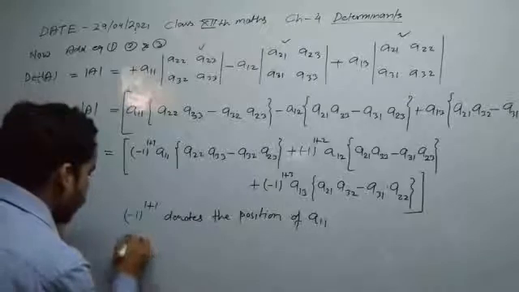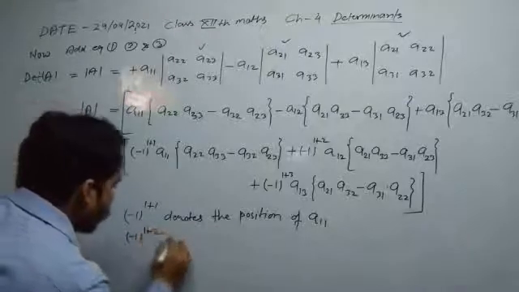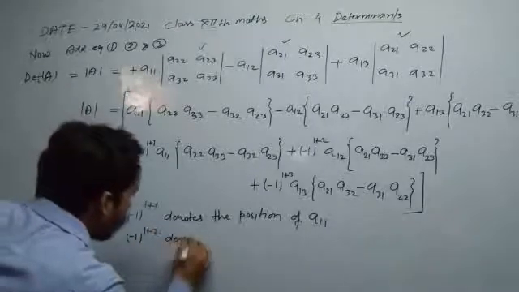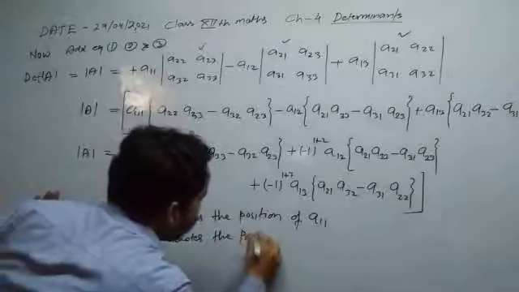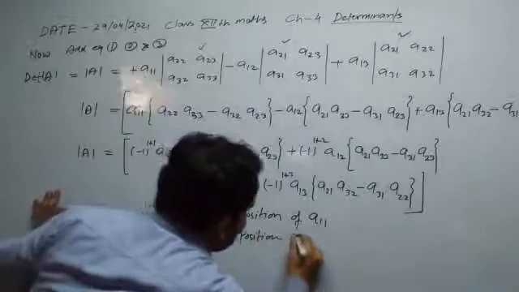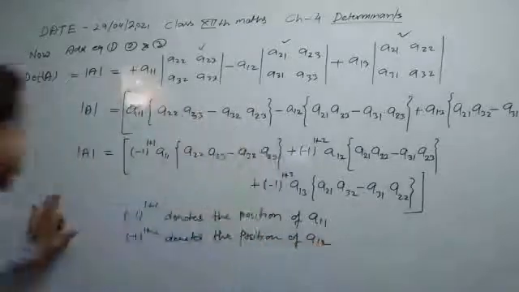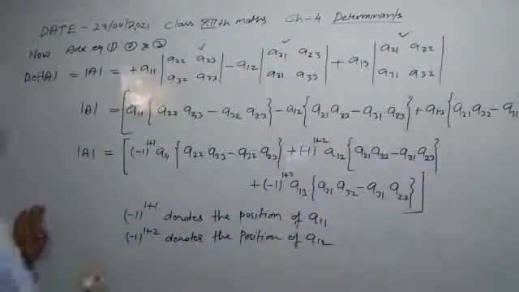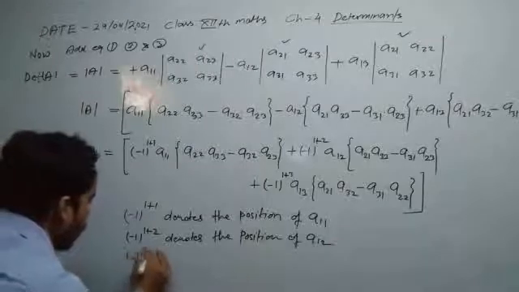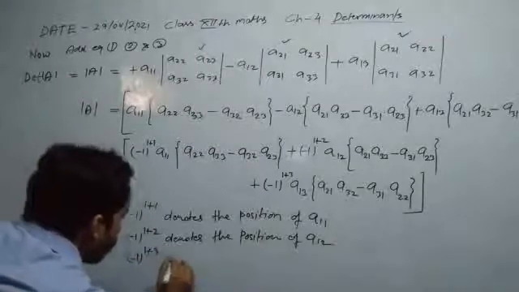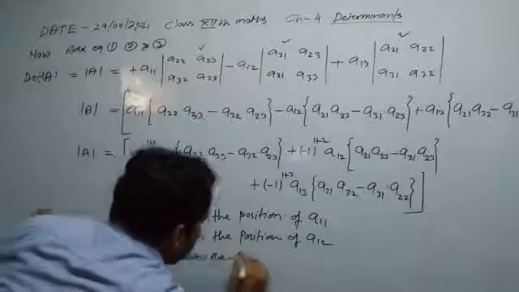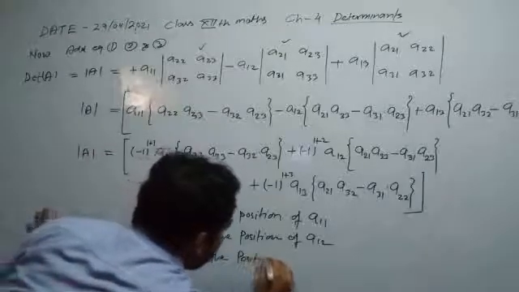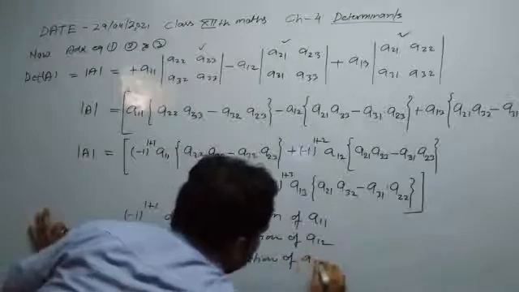Similarly, minus 1 to the power 1 plus 2 denotes A12, and minus 1 to the power 1 plus 3 denotes the position of A13.